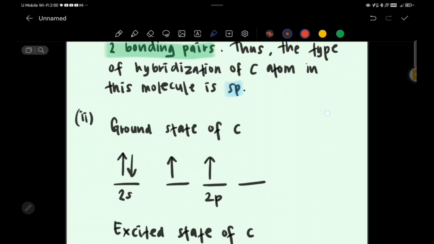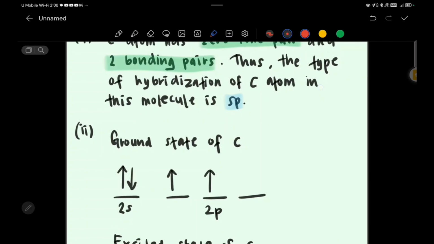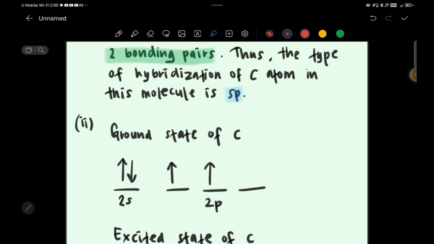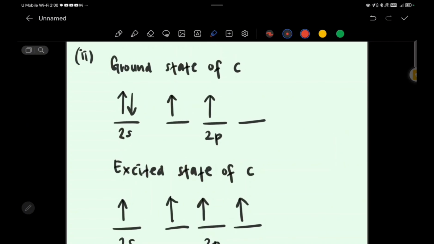Before we draw the overlapping orbitals, we need to know the ground state and excited state of these atoms. So the ground state of C: for this ground state we use valence electrons. C has 4 valence electrons, right?